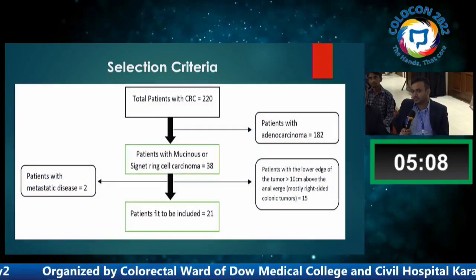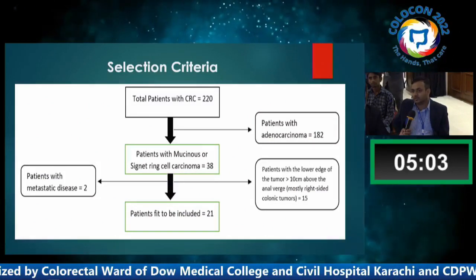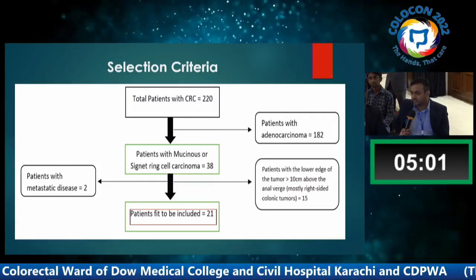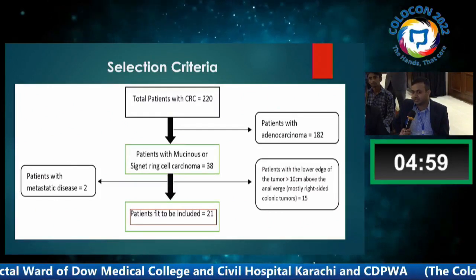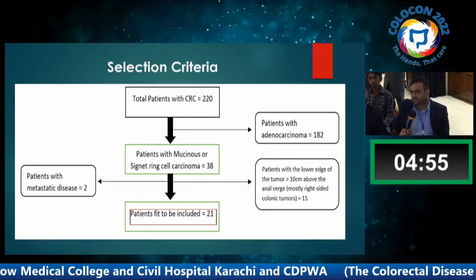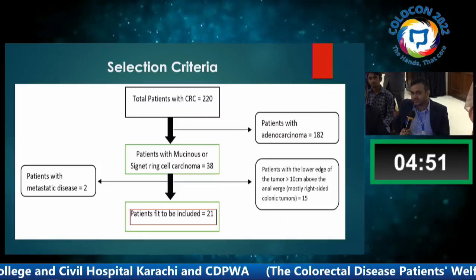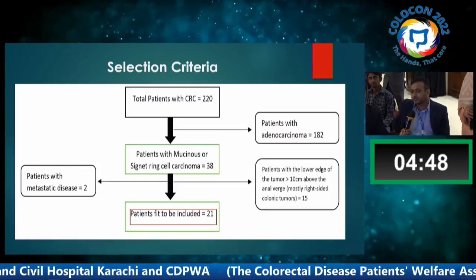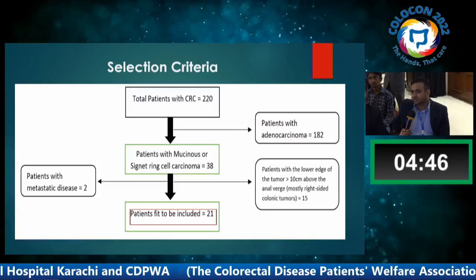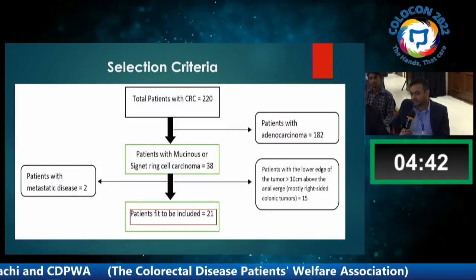Overall, 220 patients were admitted in the colorectal ward, of which 182 had conventional adenocarcinomas, and 38 patients had mucinous or signet ring cell carcinomas. Of these, 2 patients were metastatic and were excluded, and 15 patients with mostly right-sided or rectosigmoid tumors were also excluded.